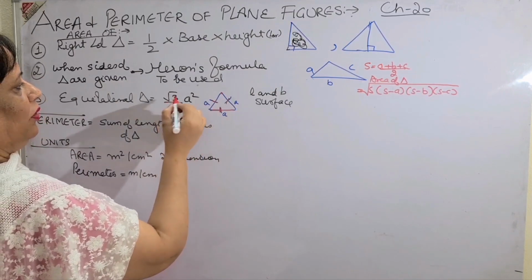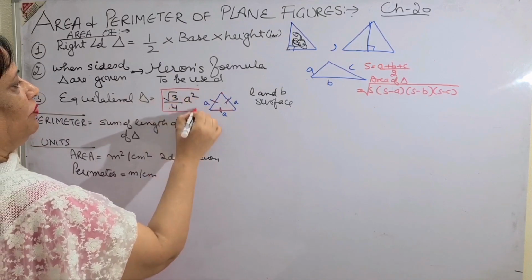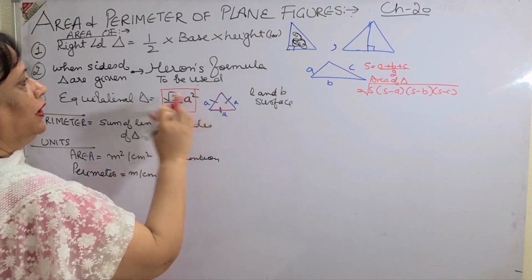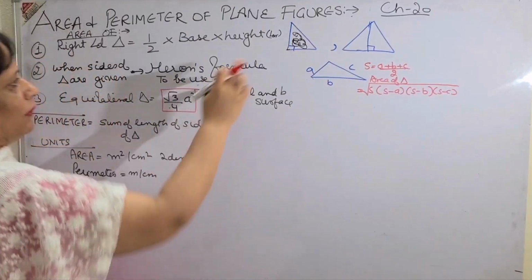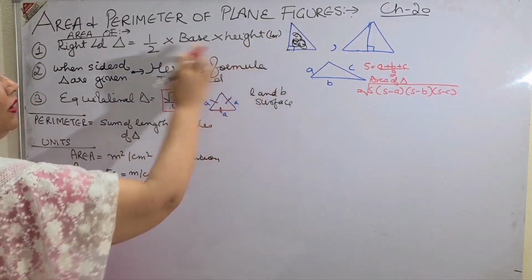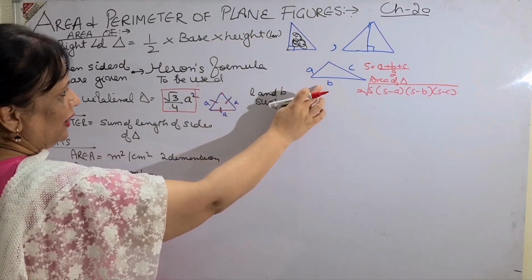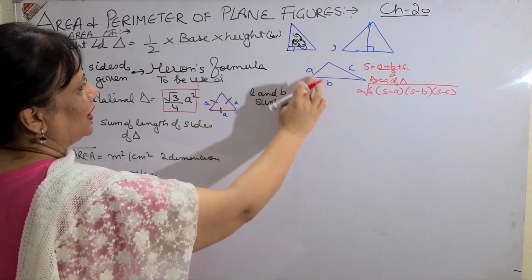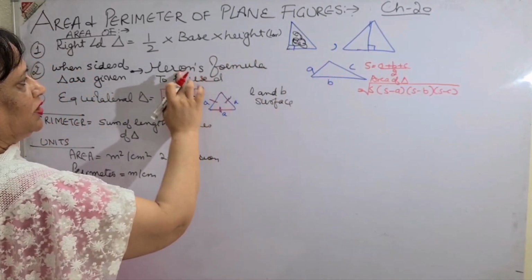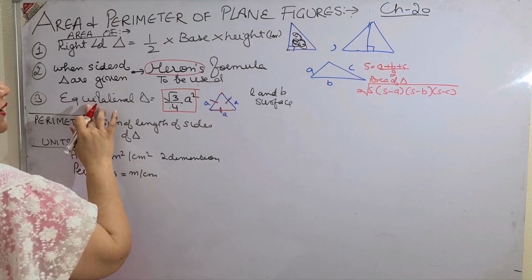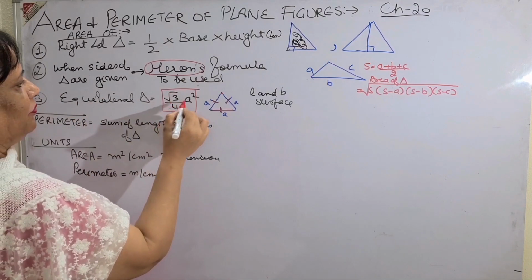For that the formula is root 3 by 4 a square. Again repeating: when perpendicular or height is given, half into base into height. When perpendicular is not given and the lengths of the sides are given, then Heron's formula. And for an equilateral triangle, the formula is root 3 by 4 a square.